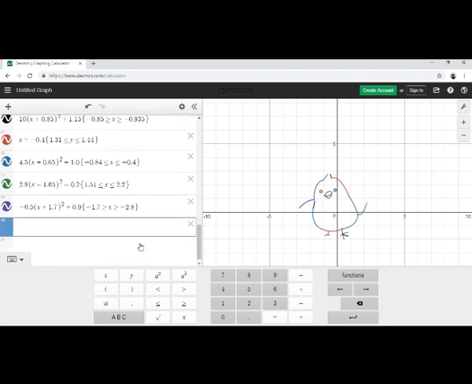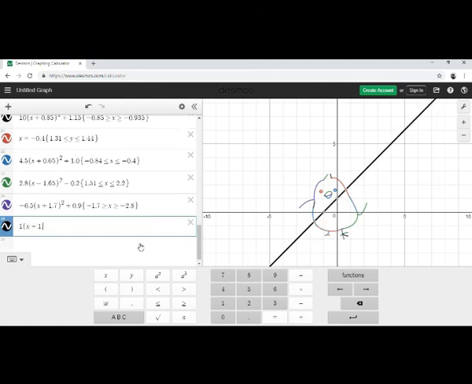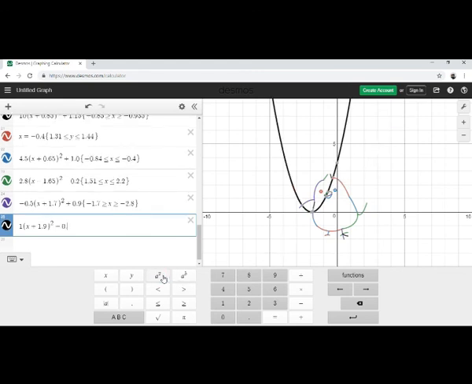And 1 times (x + 1.9)² − 0.5, and −2.8 < x ≤ −1.75.